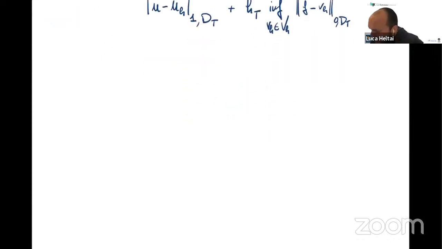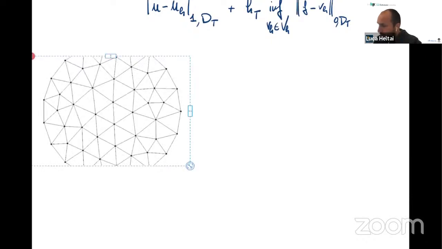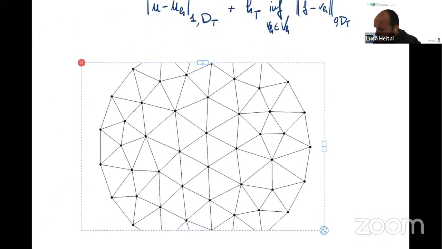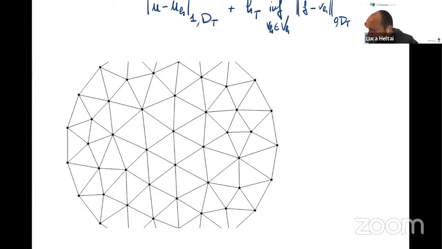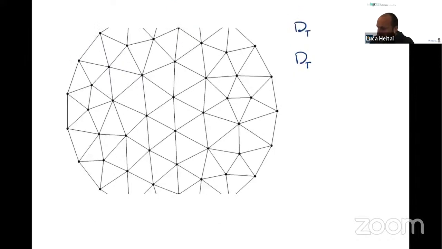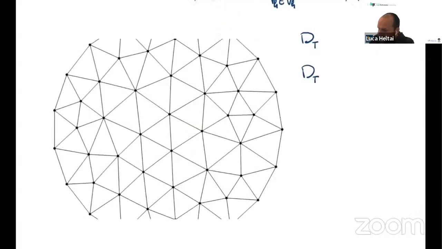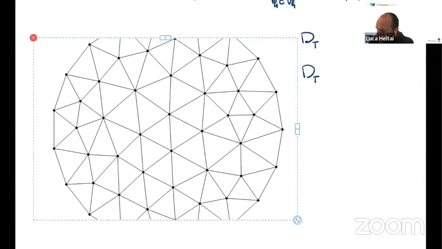Okay, so I should have here a mesh image, and I would like to define two objects, which are D_T and D_F. Okay, so D_T, let me write first what D_T is, and then I'll, how do I move that?